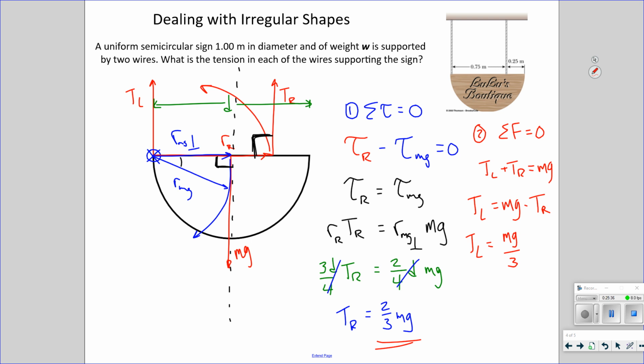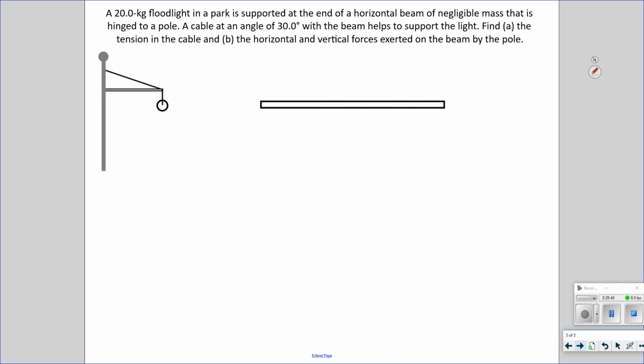Fair enough? Okay. These get a little trickier when there are angles involved, so we'll get there soon. This is a different sort of question because it talks about forces exerted by the beam, and this is a trickier one.